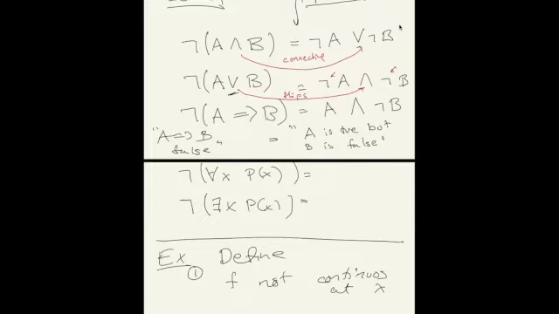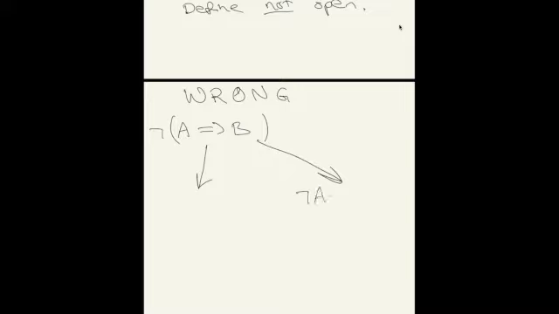And a quick example. Often people will write, so this is wrong, that if I take not (A implies B), there are two mistakes that people make. They write it as not A implies not B. And another thing that people write is A implies not B. And both of these are wrong, because let's look at the truth table of these statements.